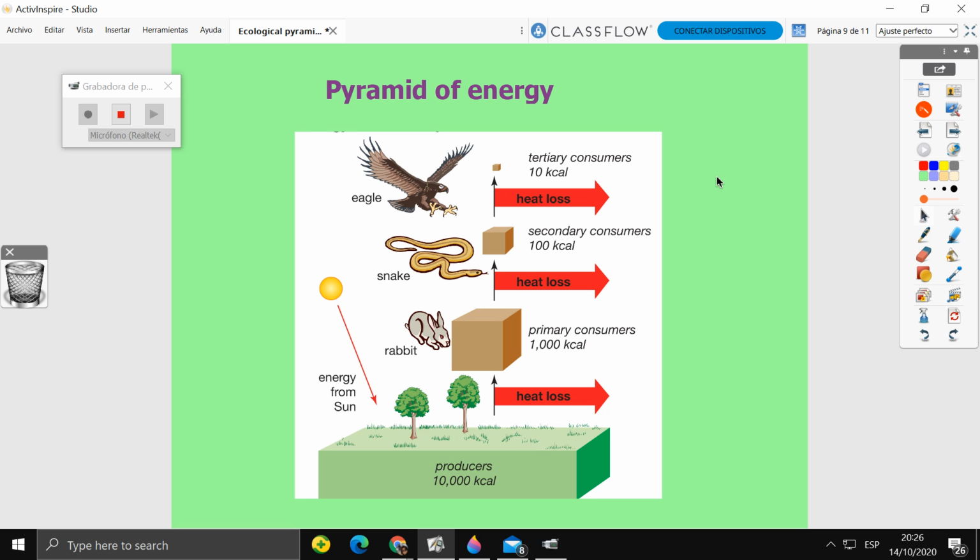And finally, there is a better way to show how the energy is flowing in the ecosystem. We must remember this: when an animal, like a herbivore, eats a plant, or a carnivore eats another animal, each time the animal is taking in food, not all the matter can be used by that organism.